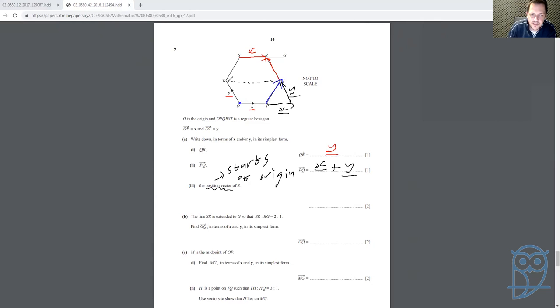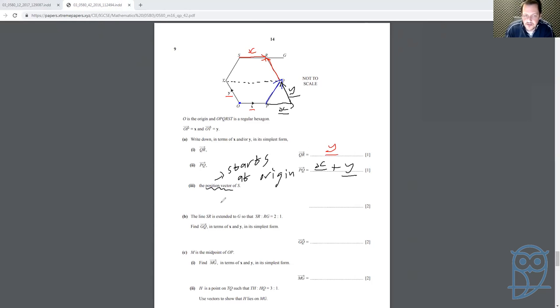You can move these vectors to anywhere, and that's why we could do this. I took this and I moved it further, because I need to try and start it there, end there, but using these two directions to do it. If I wanted to, I could have gone up first and then across. That's fine. It's then y plus x, which is exactly the same.